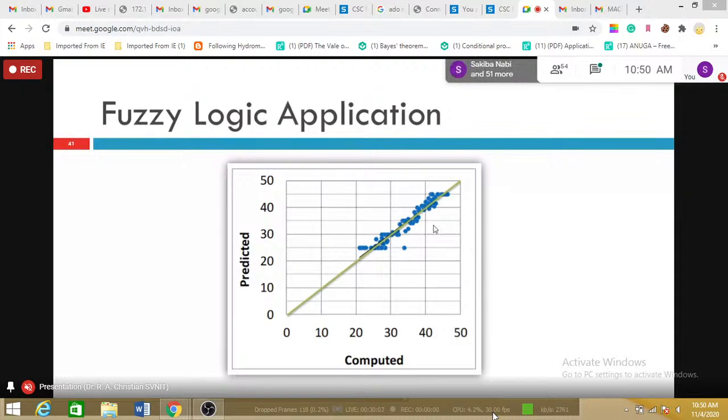You can see that the scatter plot lies very near to the best fit line, that gives you the exact predicted and computed values.